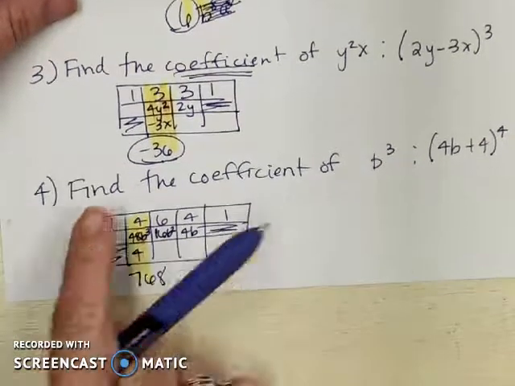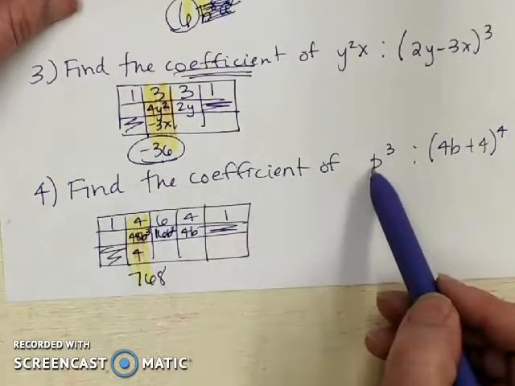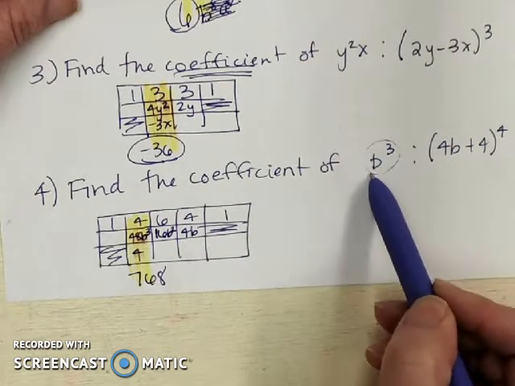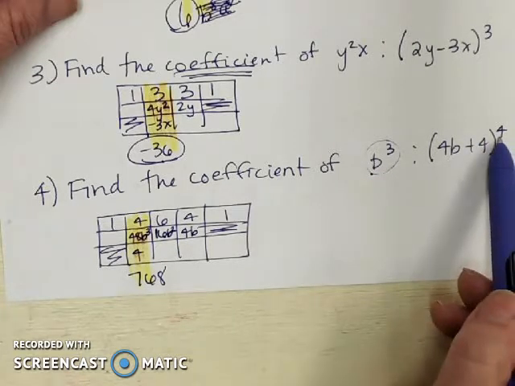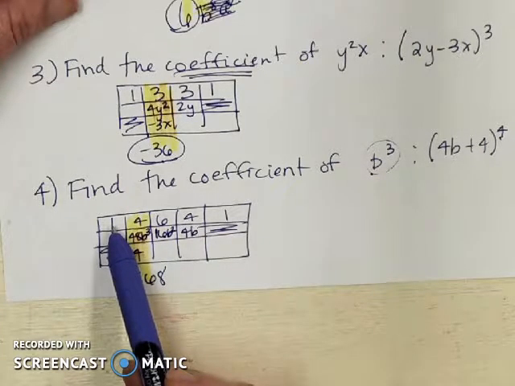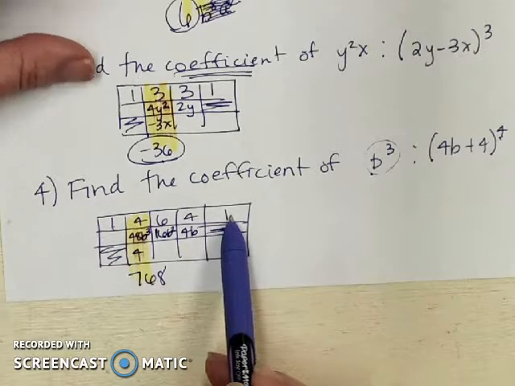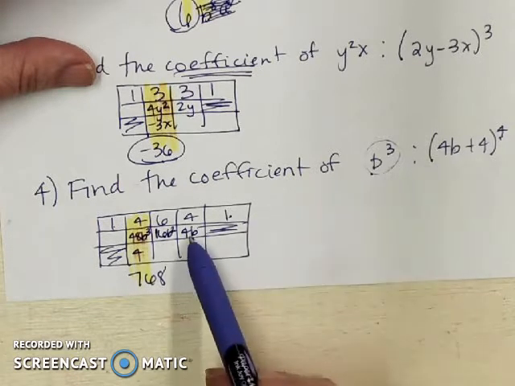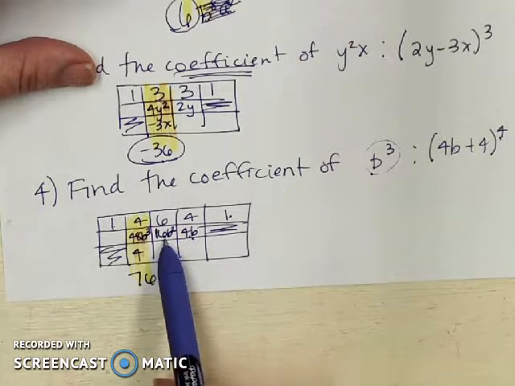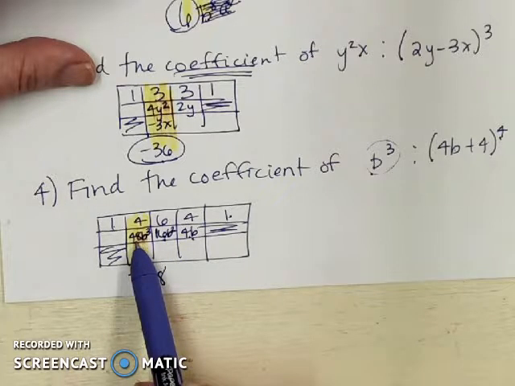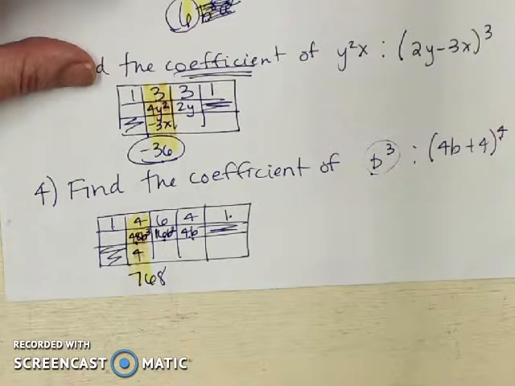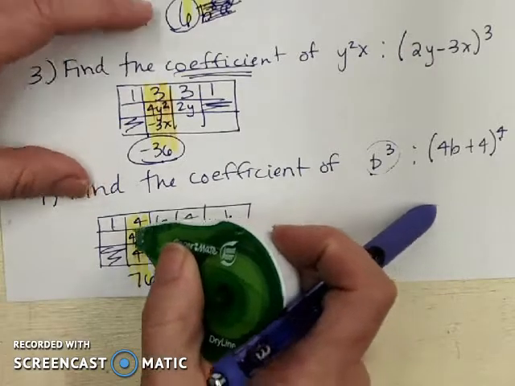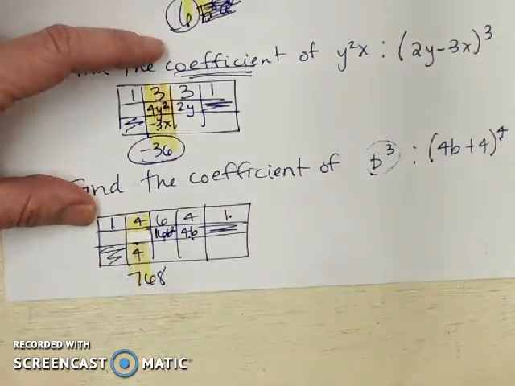On number 4, find the coefficient of the term that has b cubed in it. So it's to the 4th power. My coefficients are 1, 4, 6, 4, 1. I'm going to start here with the 4b, multiply by 4b, multiply by 4b. I did that wrong. I just realized I put the wrong thing in there. 16 times 4 is not 48. That would be 16 times 3.